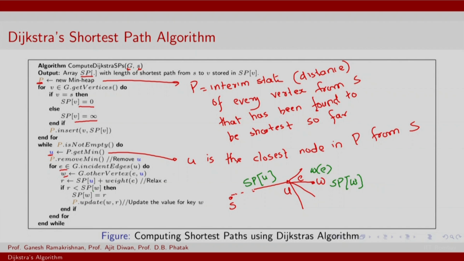So note that the shortest path for all the nodes was initially set to infinity except for the source node. So the first time you hit upon a node that has been visited for the first time, obviously the shortest path to that node will be infinity and you will land updating it. Question is whether you will get to update the weight for a node again, and that's precisely the loop invariant. The loop invariant for the Dijkstra's algorithm is as follows.